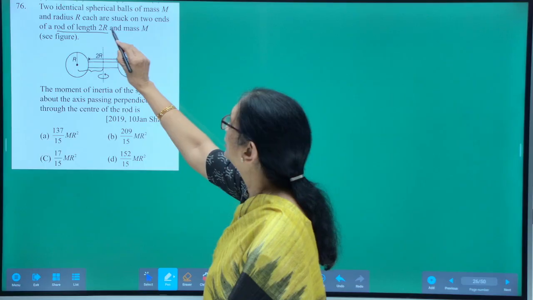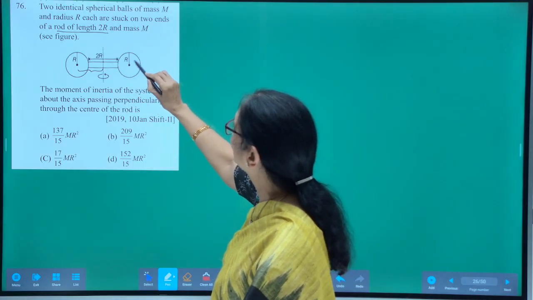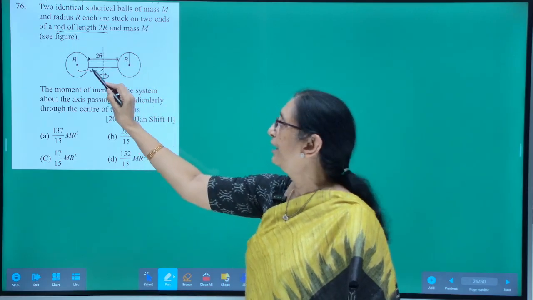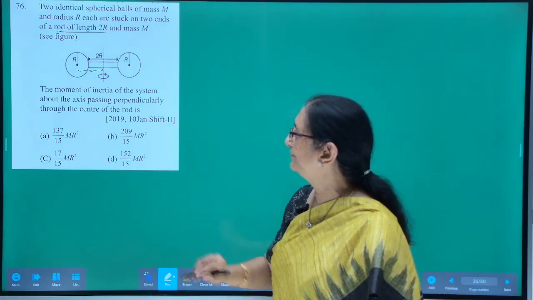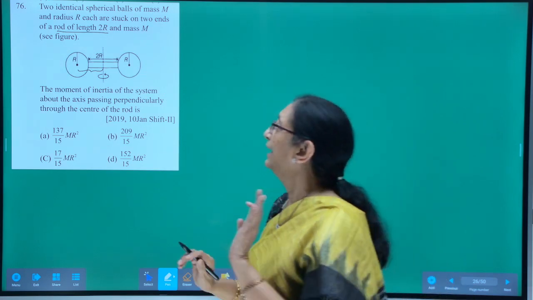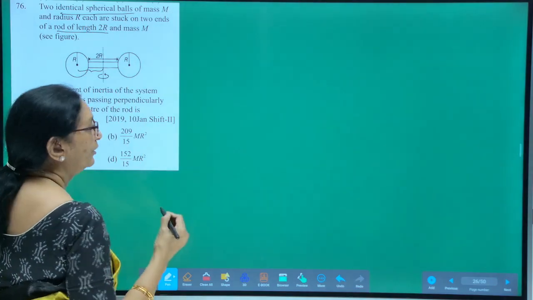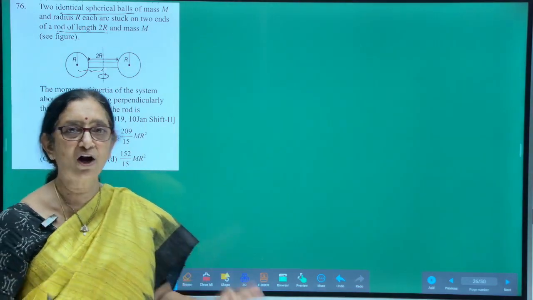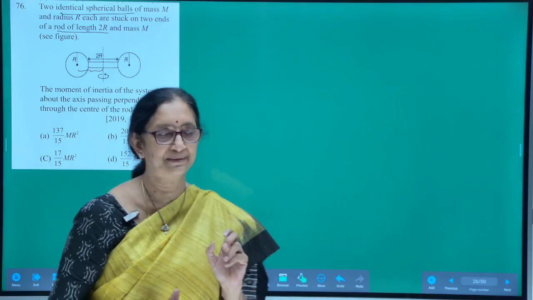See here, two identical spherical balls of mass m, radius r are stuck on the ends of a rod of length 2r and mass m. Find the moment of inertia of the system about an axis perpendicular to the rod passing through the center. Look here, two identical spherical balls. If it is not mentioned, we consider the spherical balls as solid spheres.